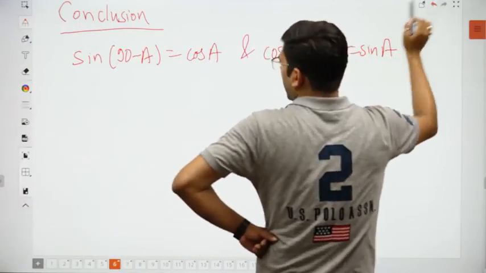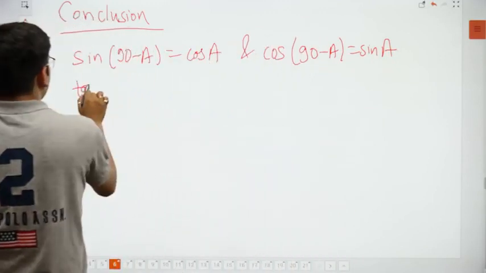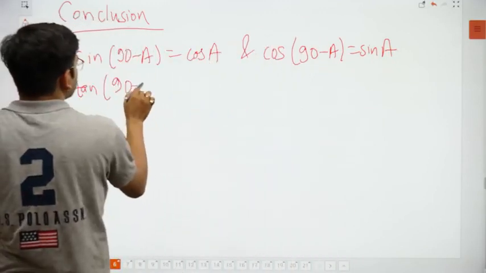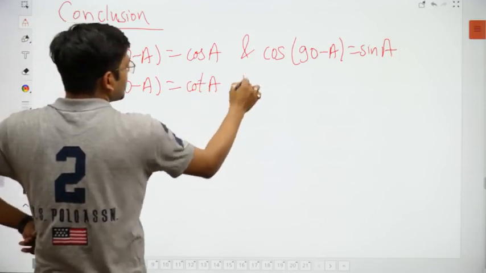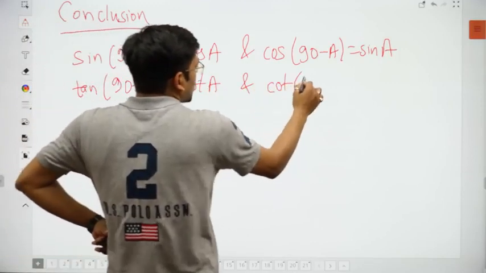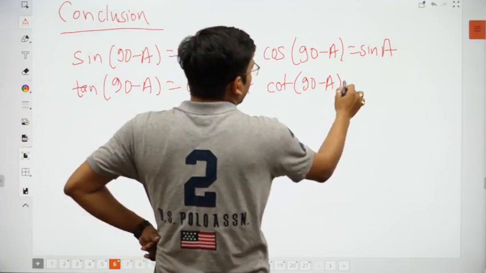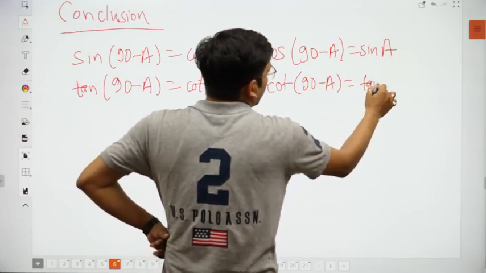Similarly, I'll write for tan. Tan of 90 minus angle A is equal to cot A, as we have just seen, and similarly, cot of 90 minus angle A is equal to tan of angle A.